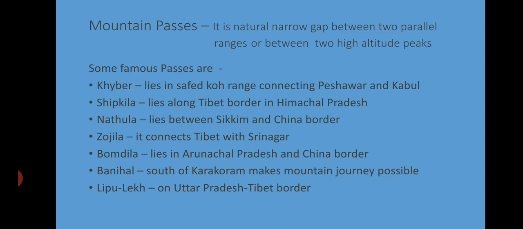Then comes the Banihal. It is south of Karakoram and makes the mountain journey possible. This Banihal Pass takes you to the natural beauty of the Himalaya. And then comes Lipulekh. A connection forms from Uttar Pradesh to the Tibet border.